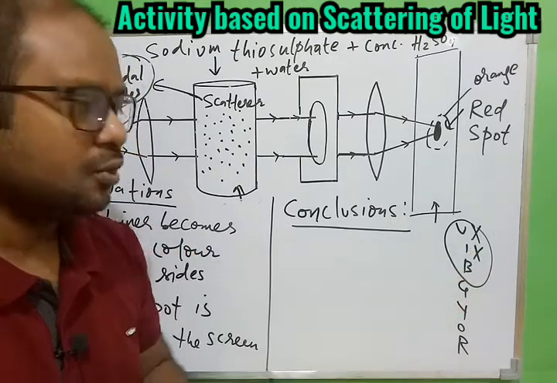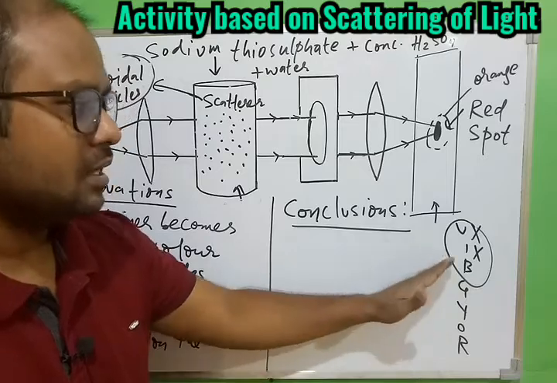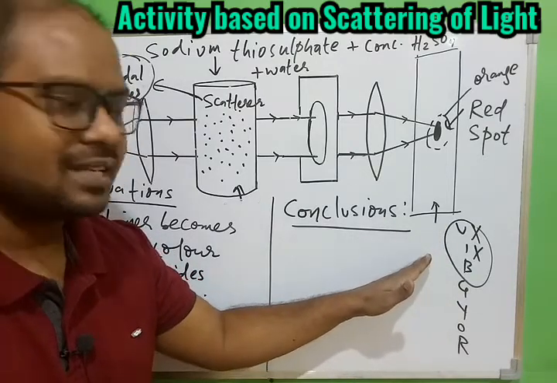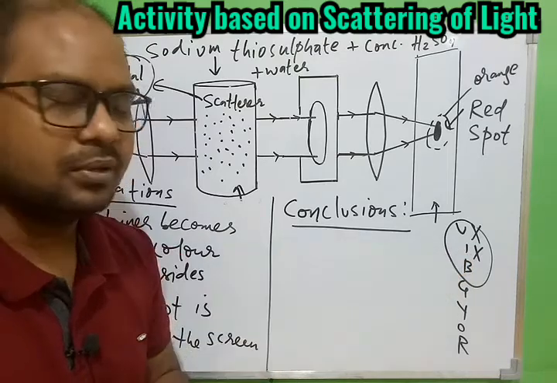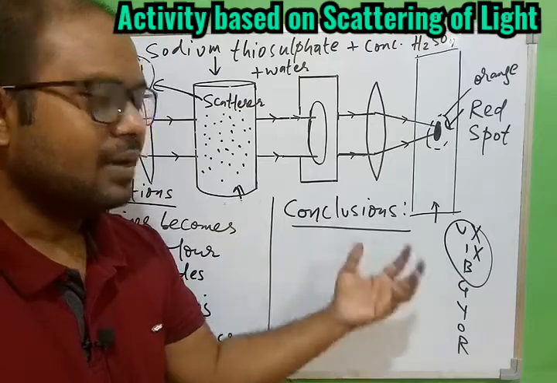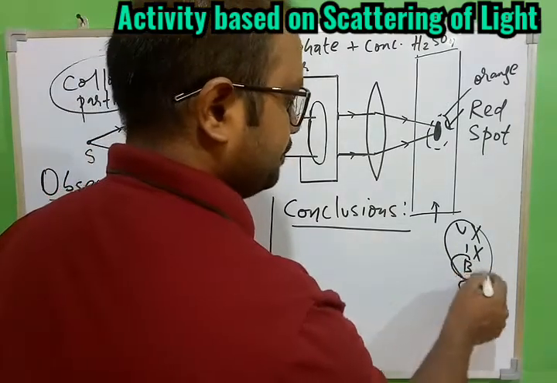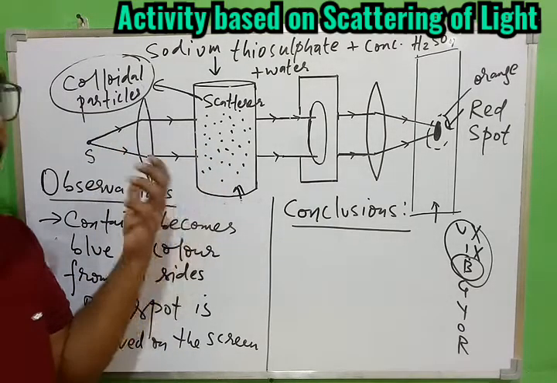If we have three different colors scattered, violet, indigo and blue, we know violet will have the maximum intensity according to Rayleigh scattering, then the next intensity will be indigo and then blue. But our eyes are not so sensitive to violet and indigo, so finally we are able to see blue color. So that is what is observed here itself.